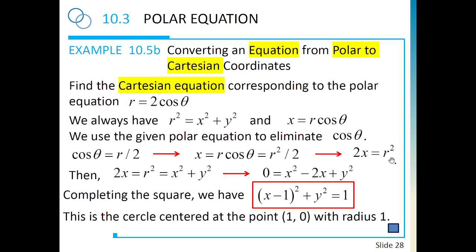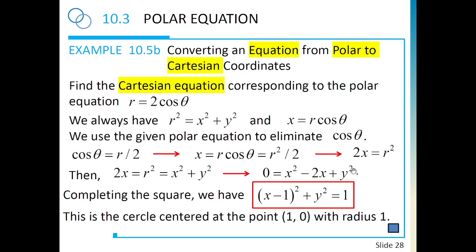Okay, but r squared is always x squared plus y squared. So I replace r squared by x squared plus y squared. So this is my equation in terms of x and y. I went from the polar equation into a Cartesian equation.